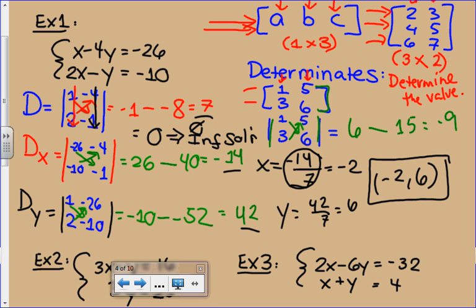And do you remember how I taught you to look back at your equations to figure out if there's no solutions? Infinite solutions? And so that's one of the downfalls of this system. Sometimes you get 0 and you're like, oh, then I have to do that work. But you can also look at the original system and do that crisscross and determine if it's 0 or not.